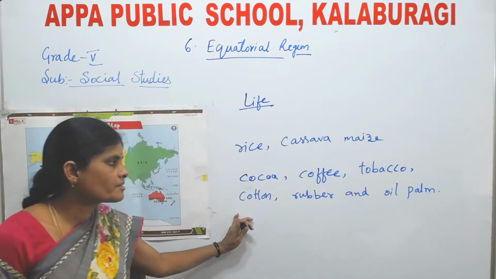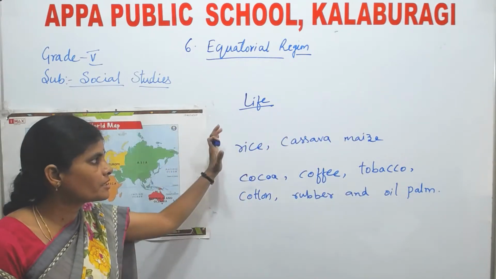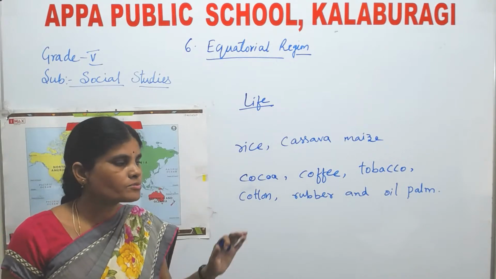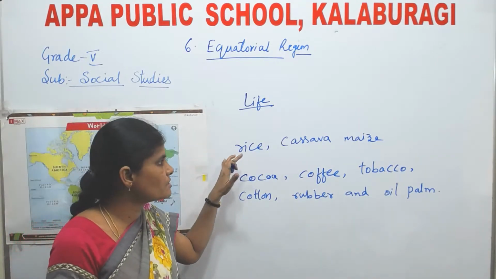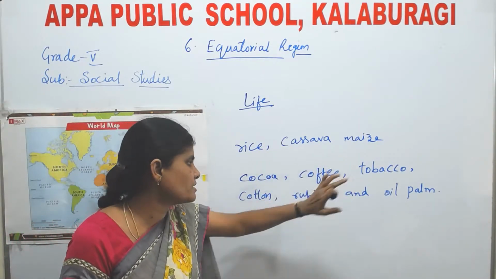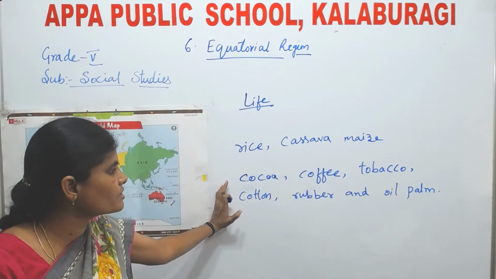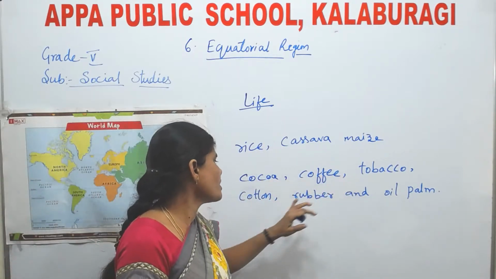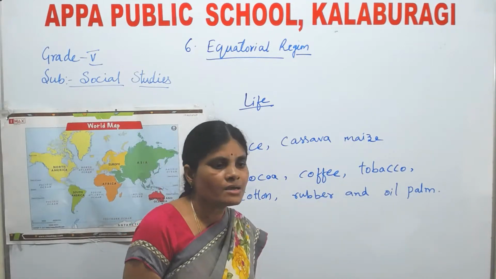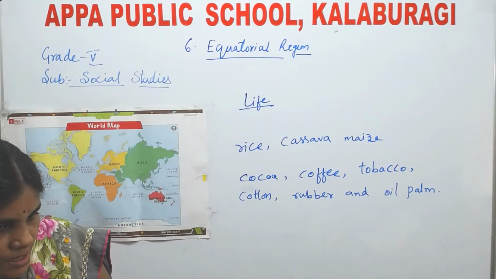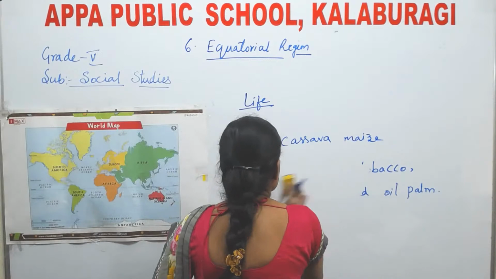These are the cash crops grown in the equatorial region. What are the main crops grown in the equatorial region? Rice, cassava, and maize. And what are the cash crops grown here? Cocoa, coffee, tobacco, cotton, rubber, and oil palm. These are the crops grown in this region.